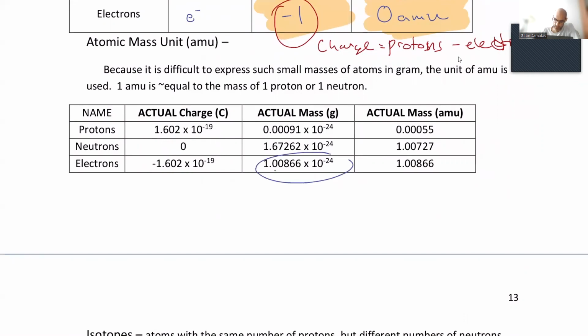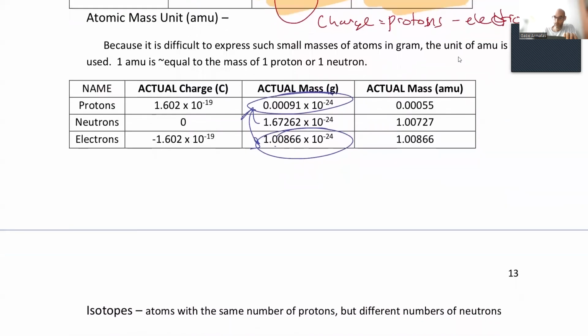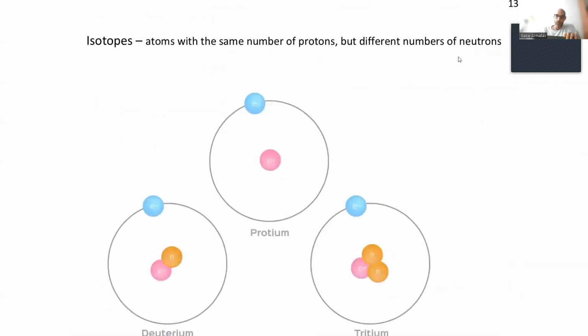Actually, I think these are backwards. This is supposed to be up here. I've got to fix that. Those two are supposed to be reversed. But again, you get the idea. In fact, I can just ignore that because the actual mass in atomic mass units is very different. Okay, so with all of that said, a neutron has no charge.